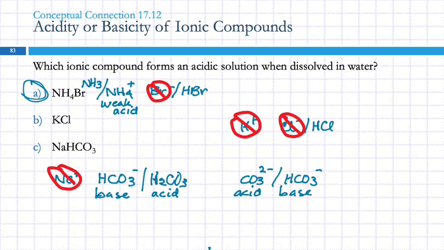So how do we know which one to do in this situation? Well, you can look at the Ka values, or you can think about, well, what do all the other anions do? They're going to gain a hydrogen ion, right, if they're going to function.